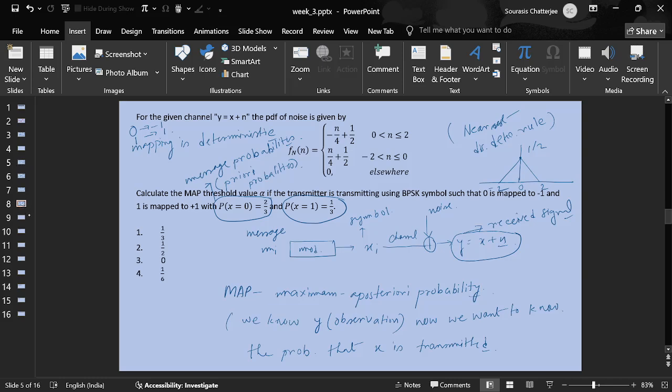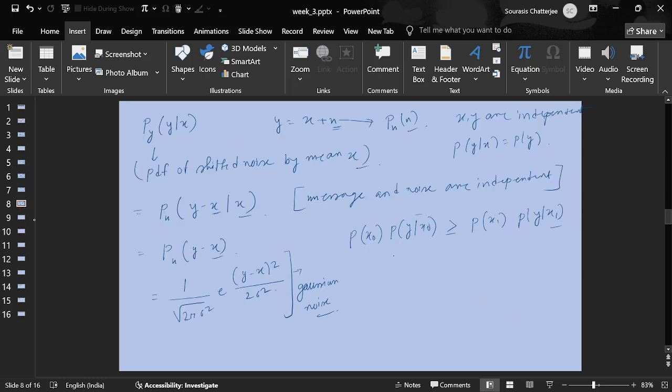So in this case, what is going to be our scenario, like what is going to be P of y given x naught? Can you tell me what the PDF is going to look like?